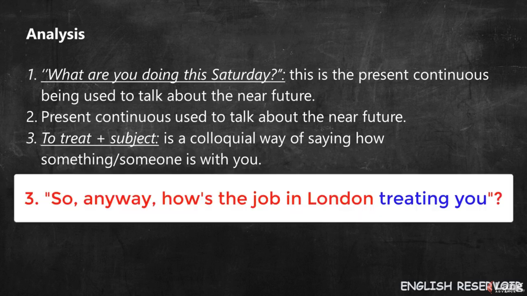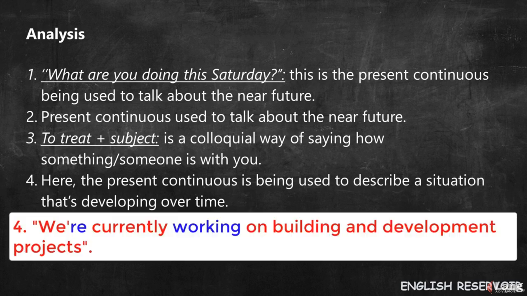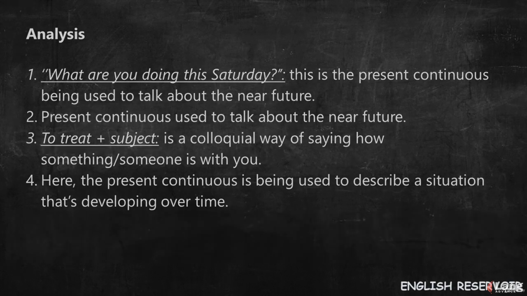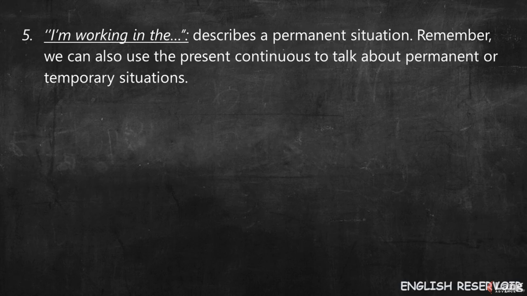To treat plus subject is a colloquial way of saying how something or someone is with you. 4. Here, the present continuous is being used to describe a situation that's developing over time. 5. I'm working in the describes a permanent situation. Remember, we can also use the present continuous to talk about permanent or temporary actions.